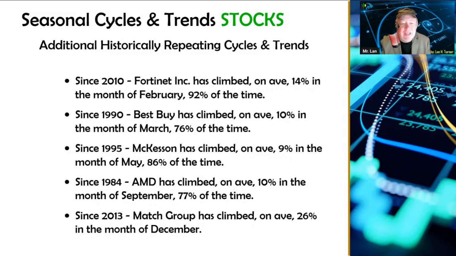How about since 1995, McKesson has climbed on average 9% in the month of May, 86% of the time. There's some very seasonal stuff going on out here. Since 1984, AMD has climbed on average 10% in the month of September, 77% of the time. Since 2013, Match Group has climbed on average 26% in the month of December. How about that? Did you guys know that? There's a very seasonal nature to the stock market.